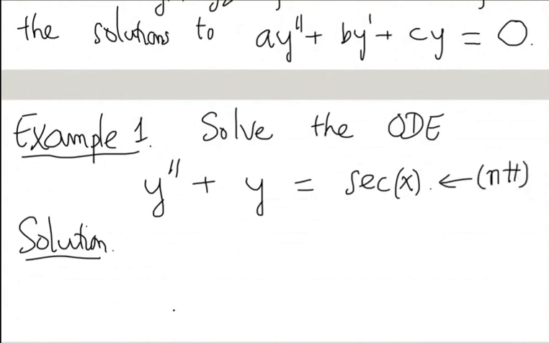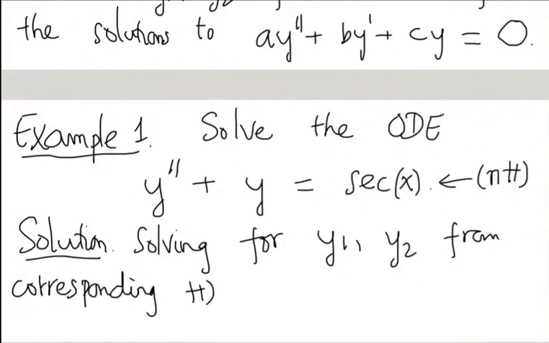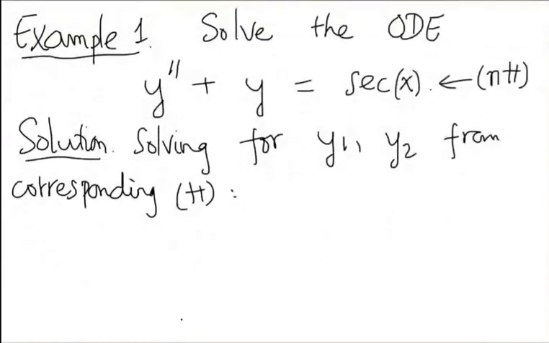We begin by solving for y1, y2 from the corresponding homogeneous equation, which is y double prime plus y equals 0.